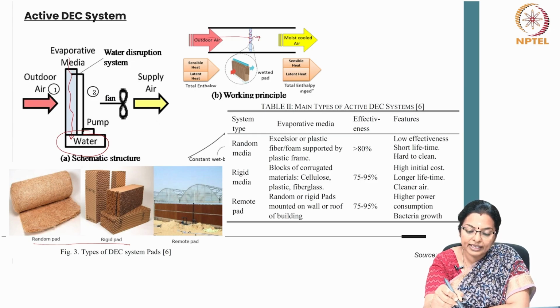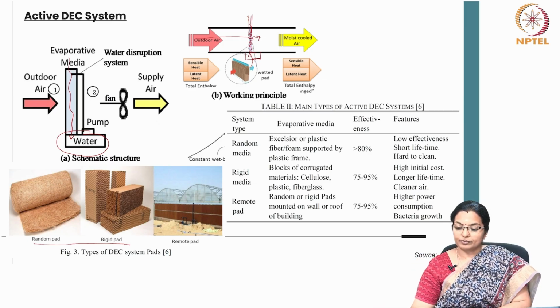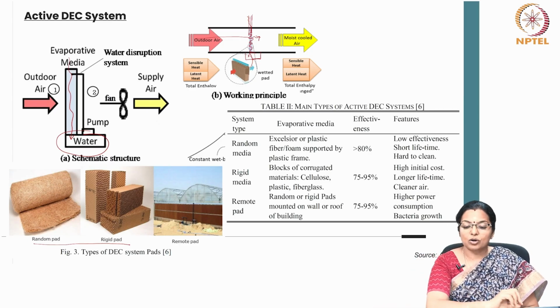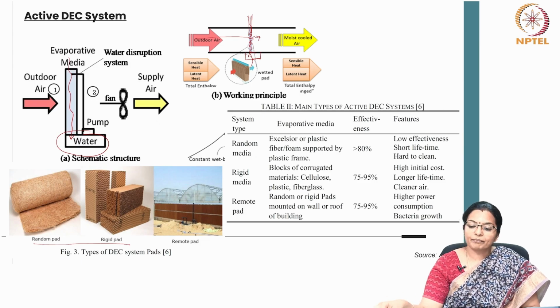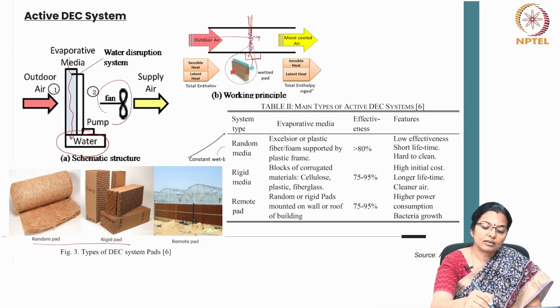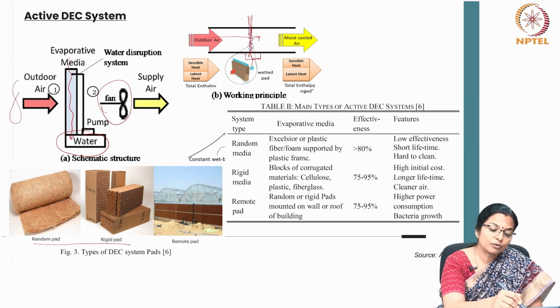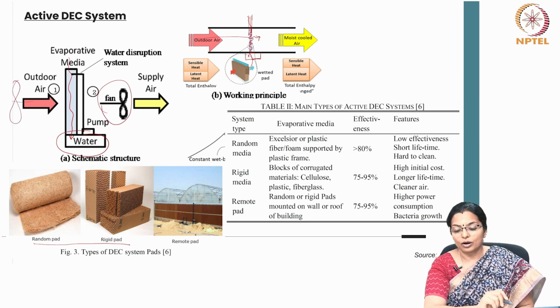So this is the wetted pad as shown here, and the air that comes out is moist cold air, and actually water droplets pass through this pad which is collected below, and it is called the active direct evaporative cooling system because there is use of a fan. Sometimes there could be use of a fan even to pull the outdoor air.